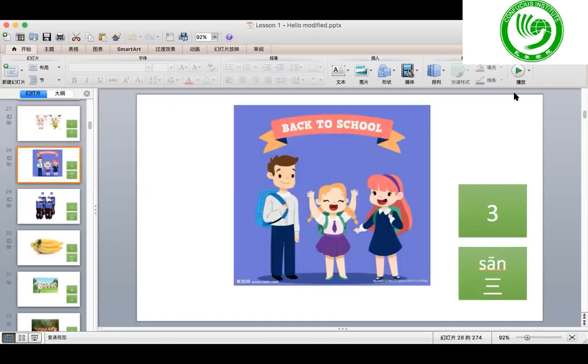And then, how to say 3? It is 三. Here is the gesture for 3. It is 三. 三. 很好. Let us count together. 一. 二. 三.